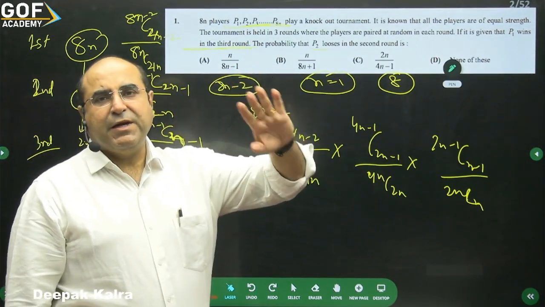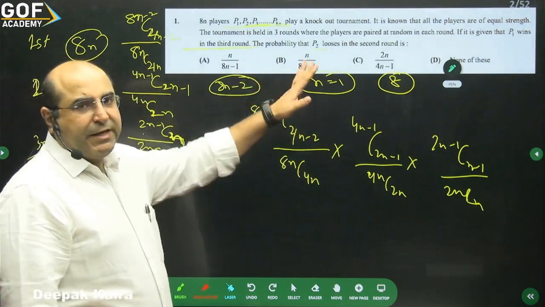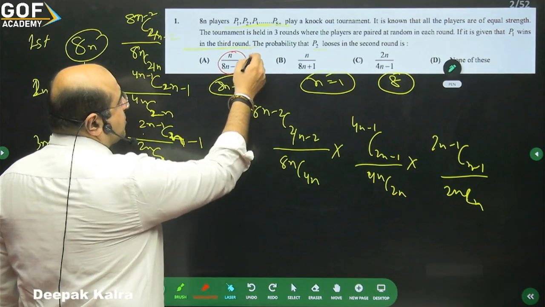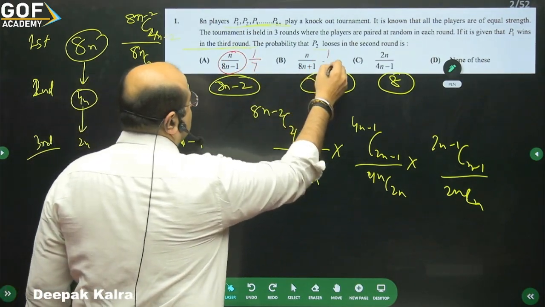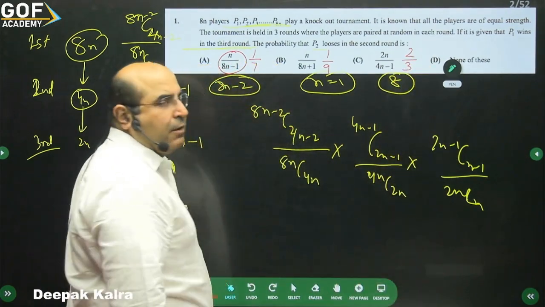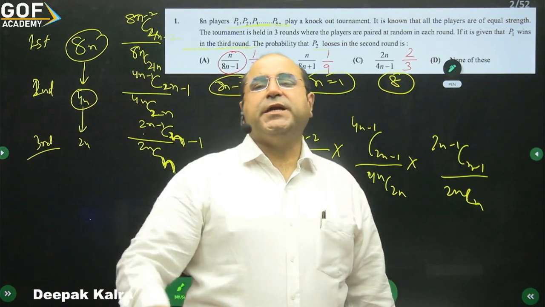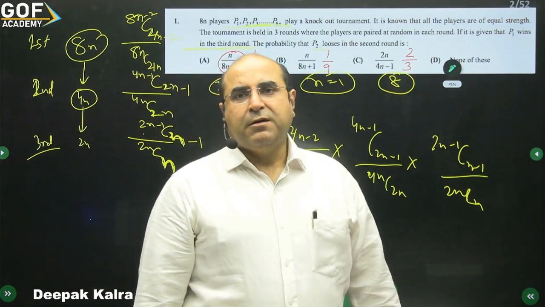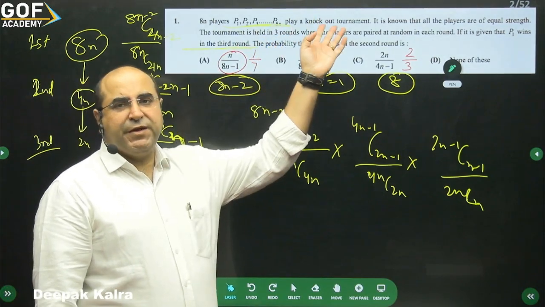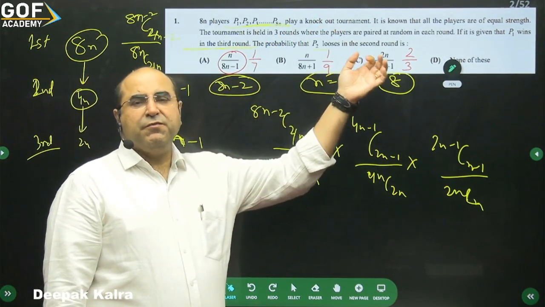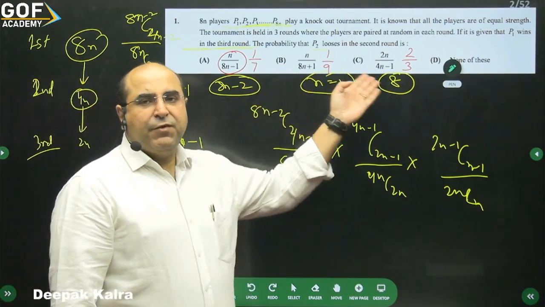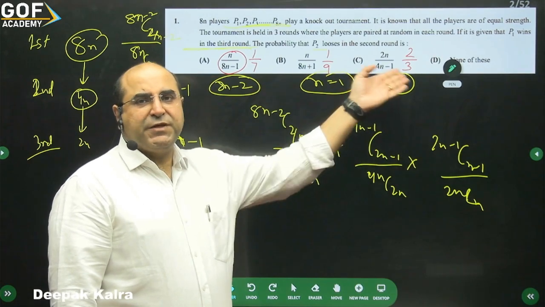Because I have verified it against my options also. They will become 1 over 7, 1 over 9, and 2 over 3. All the 3 options are distinct. Do you understand? So you need to choose n in such a way that all the options give a distinct output, so that n gives you an immediate answer.